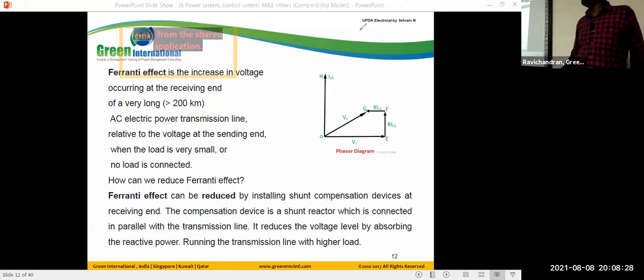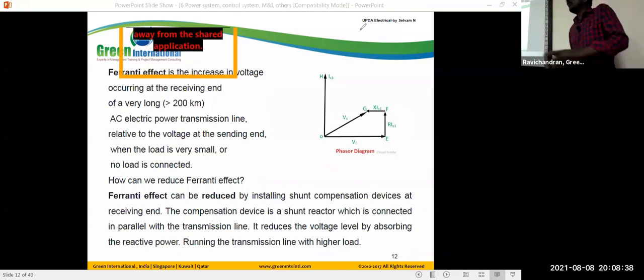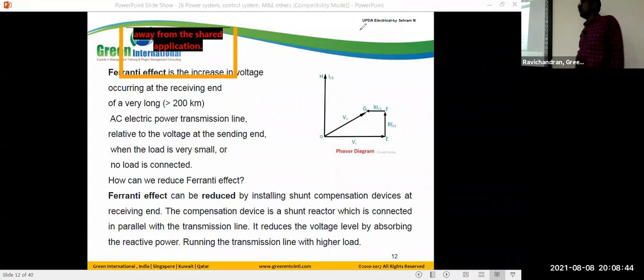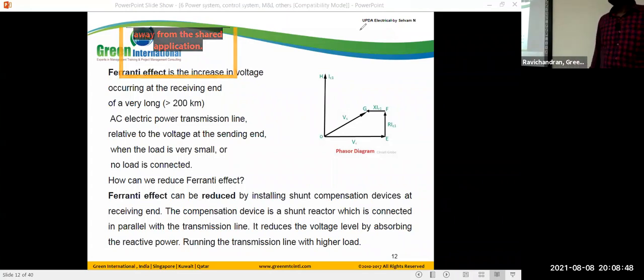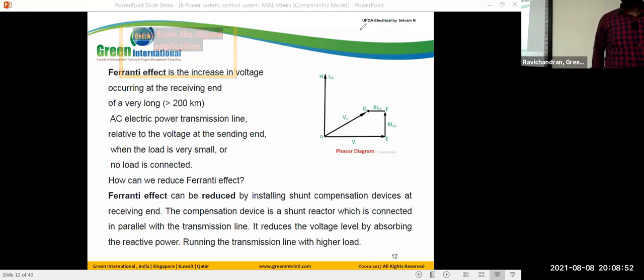But at 11:30 p.m., 1 a.m., most of the loads are reduced. So what will happen? Due to the sudden reduction of the load, there is a power transfer from the load to the supply. That condition we call the Ferranti effect. So 6 p.m. is a heavy load and 1 a.m. is a light load, no load.